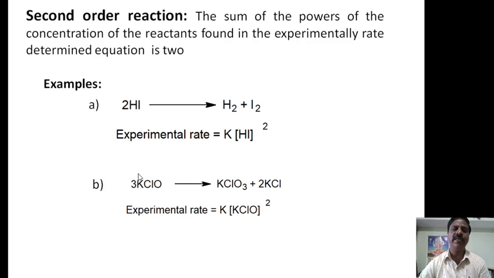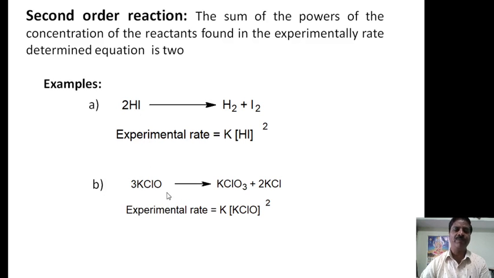Here three molecules participate, therefore the molecularity will be 3. But in the experimental rate equation only two molecules participate. In the hydroiodic acid example, 2 molecules participate in the reaction, therefore the order is 2, and the experimental rate equation and theoretical rate equation are the same in that example.